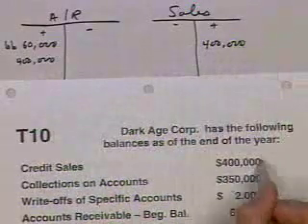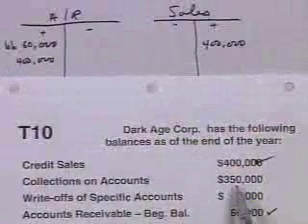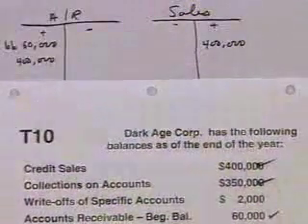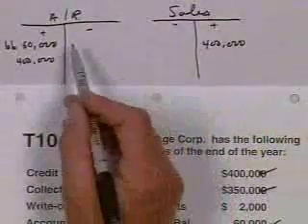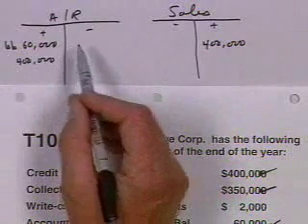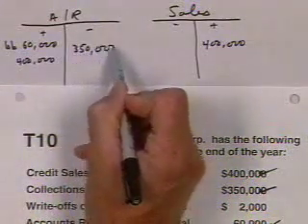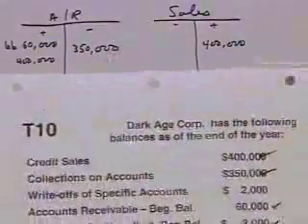And that is that number right there. Collections on account were $350,000, so that would have been cash coming in the door. We would have debited an asset called cash and credited the asset accounts receivable because they no longer owe us the money.